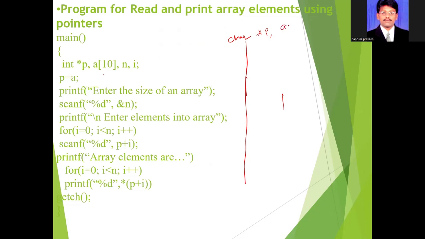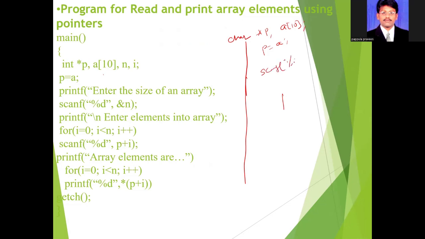Now a of 10. Now, p equal to a. Observe here: p equal to a means the base address is assigned to the character pointer. And next, no need to specify the number of characters. We should read the string by using str. How can we read?